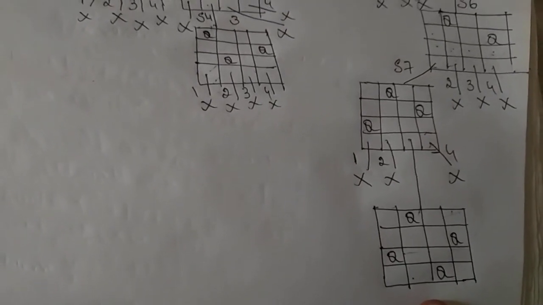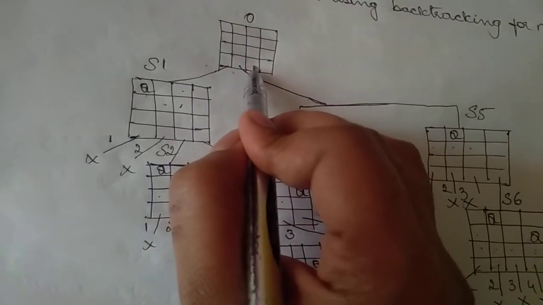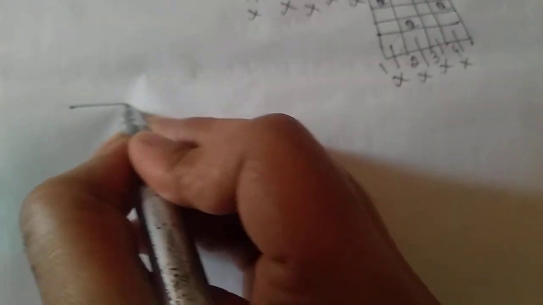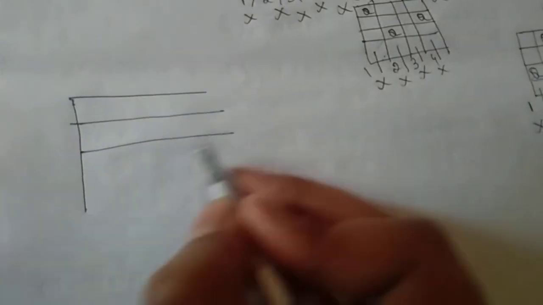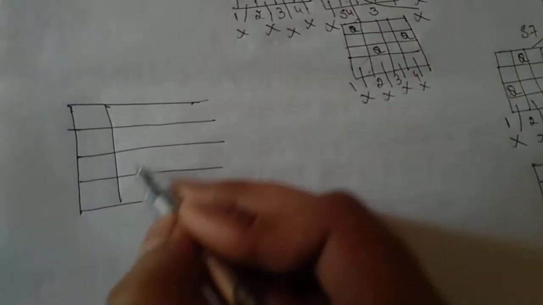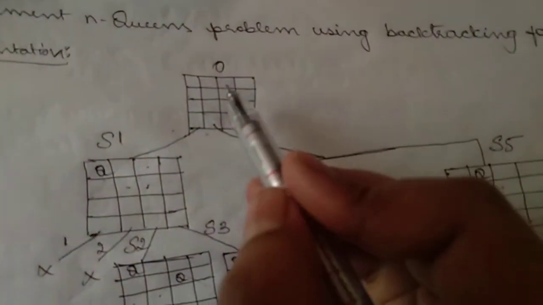Further solution means what? If you just backtrack again to here and place Q in third position. I'll just write, that's it, okay? For your reference, I'll just solve this here only. See, if I backtrack where I have to place in the third position, I'll place it over here.